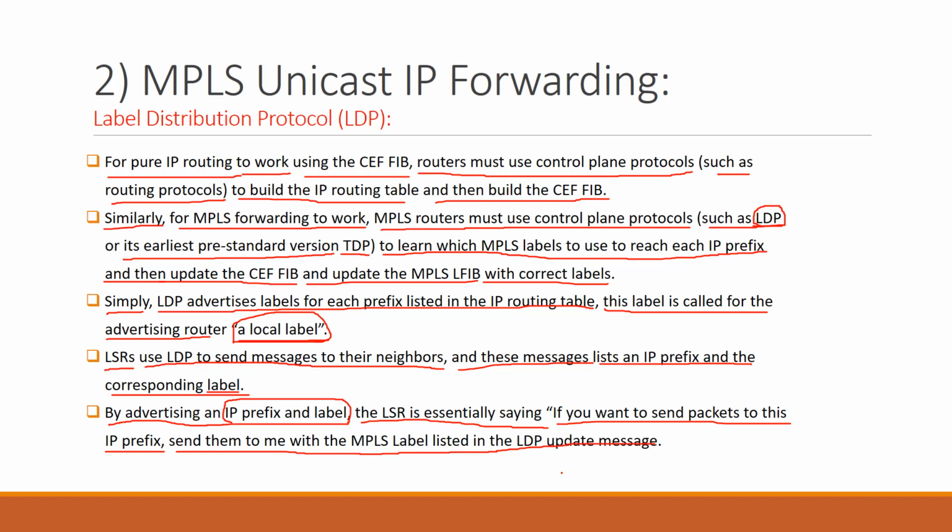So any router that advertises an update with an IP prefix and label says to the LDP neighbor, if you want to send packets to this IP prefix, send them to me with the MPLS label listed in the LDP update message.